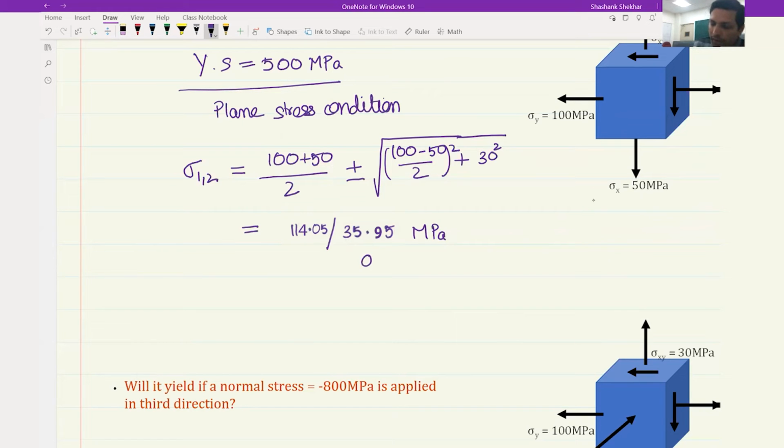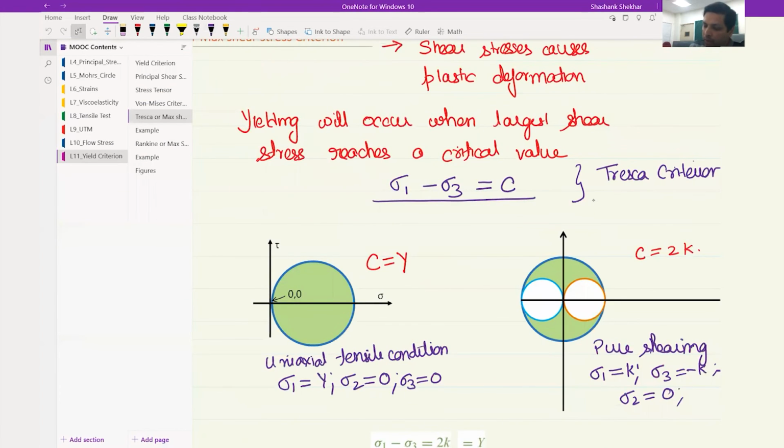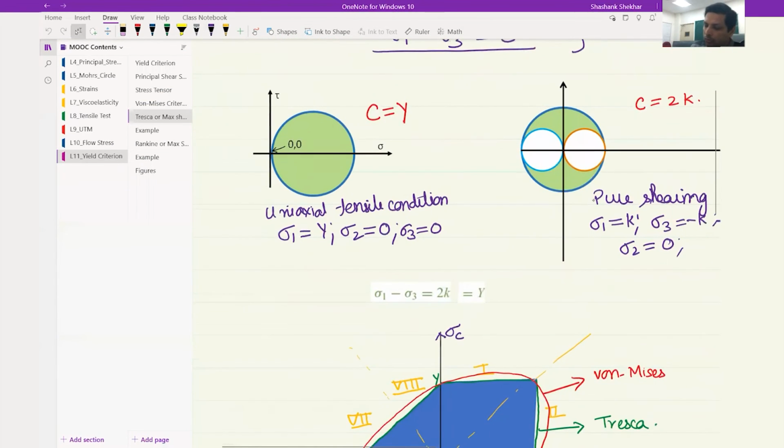So if you were to find sigma 1 minus sigma 3, which should be equal to y for the Tresca condition to satisfy the yielding. So if you remember, sigma 1 minus sigma 3 equal to 2k equal to y. So this is our equation which defines it.